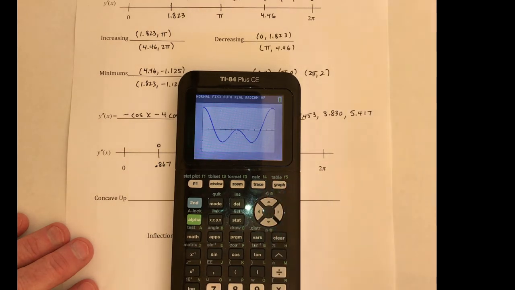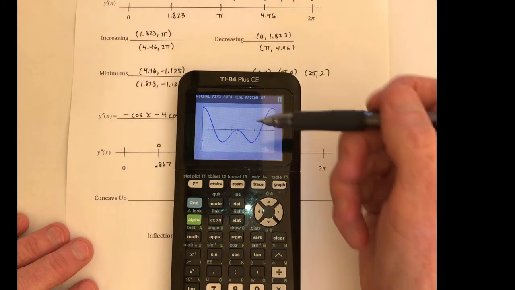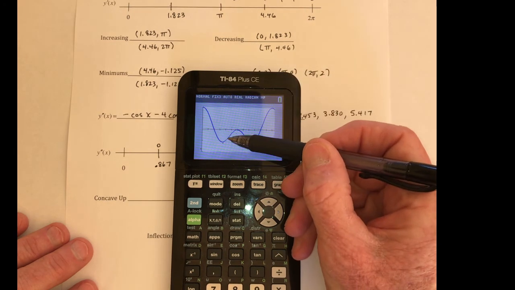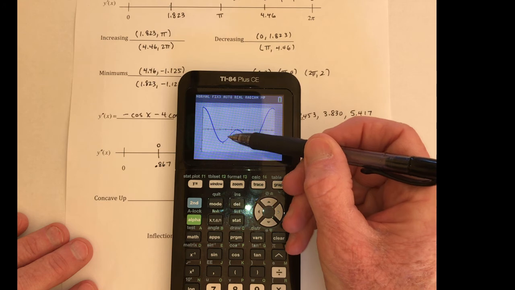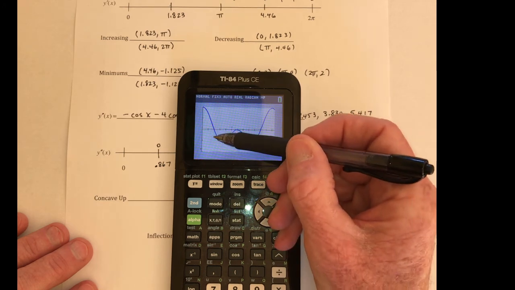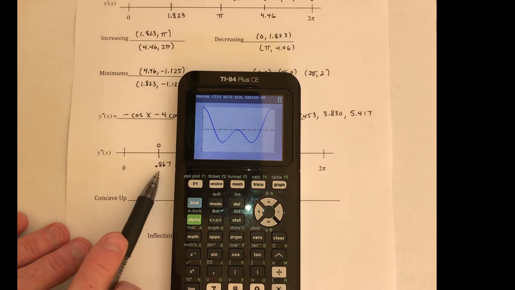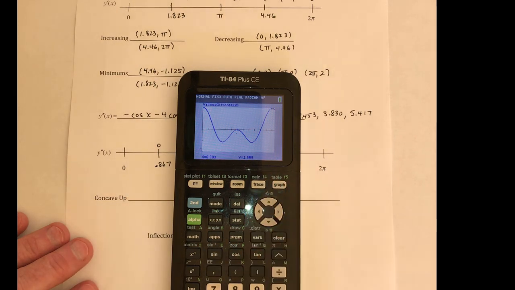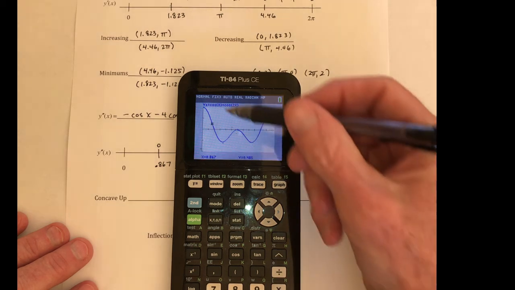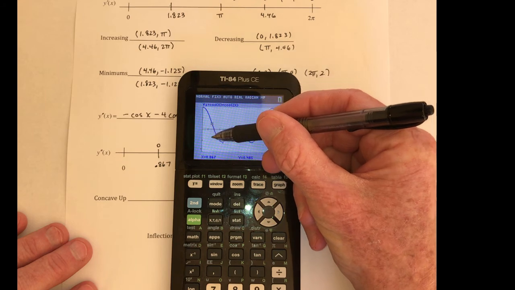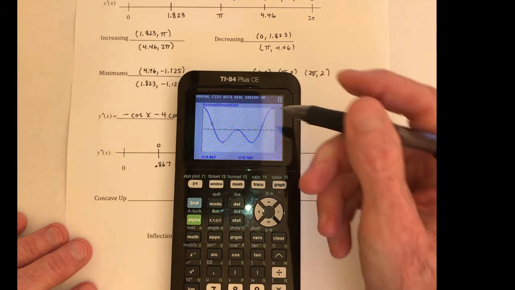Again, look at the original graph. If you look at this middle part, it is obviously concave down, and this part is concave up. But this value, 0.867, that is a point of inflection because it's changing from concave down to concave up.